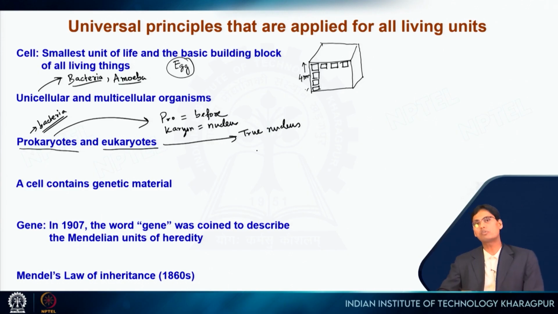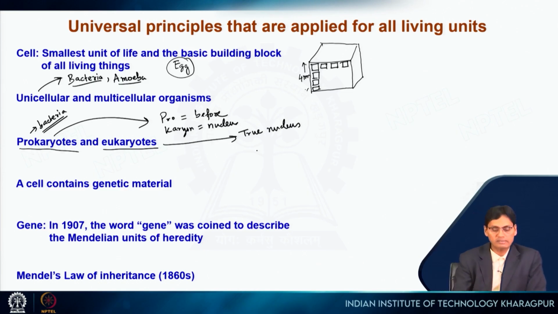But at that time, it was not known what the mechanism is, where the genetic information is present, and how it goes to the next generation. The specific molecular mechanism was not known.